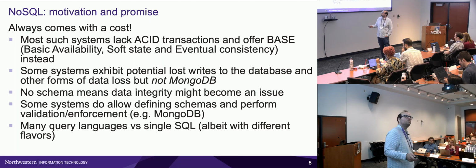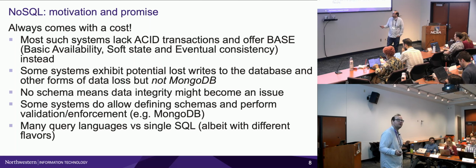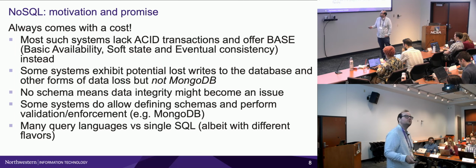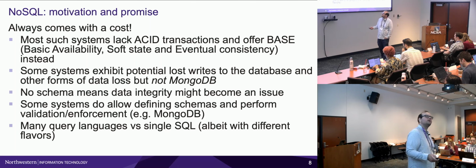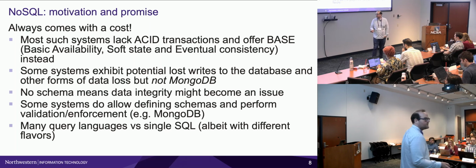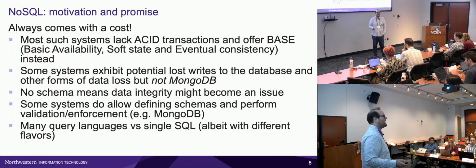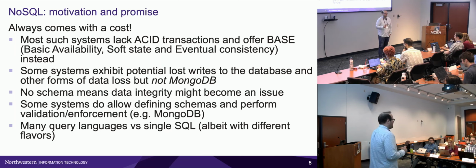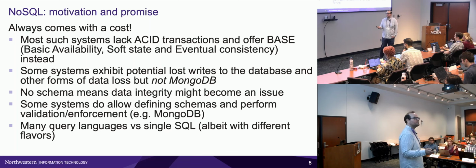No schema means data integrity might become an issue. Some systems do allow defining schemas, many query languages. Yeah, okay. So this is basically to say the same thing as with many things: NoSQL is kind of new.